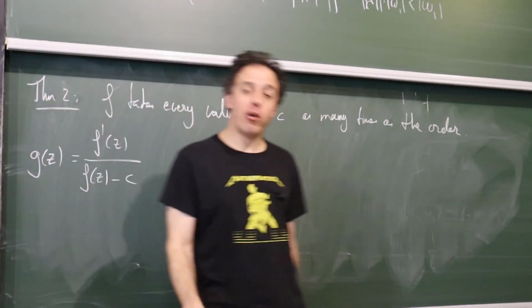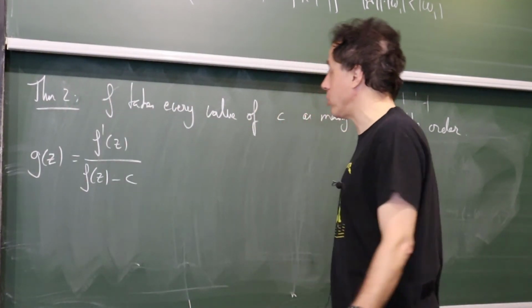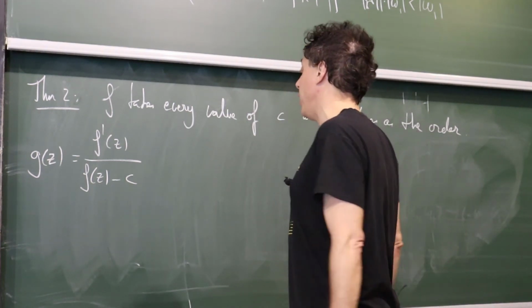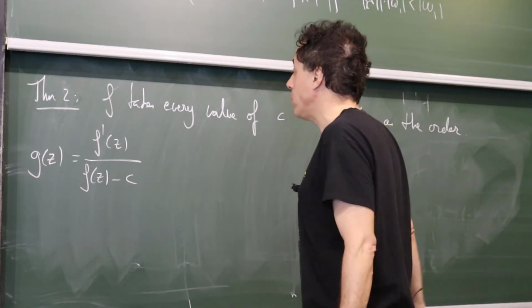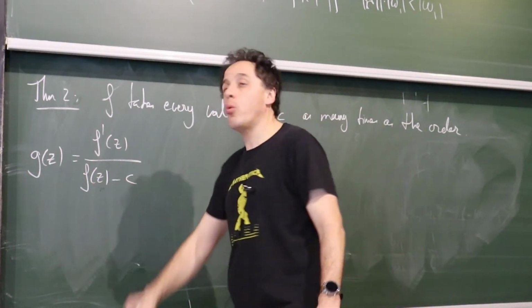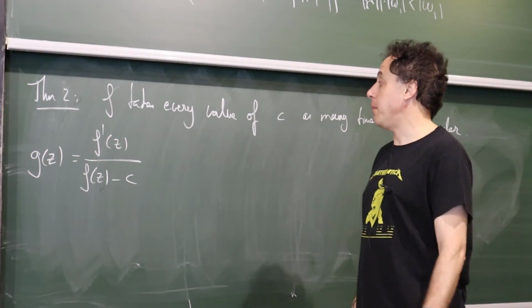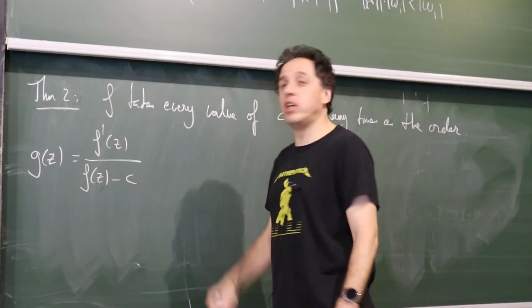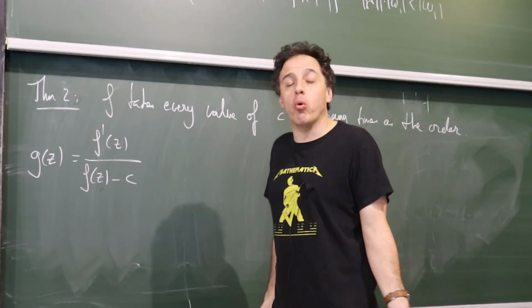This would be a doubly periodic function also, and as the sum of the residues is 0, the residues have to do either with the points where f takes the value c, or with the poles.